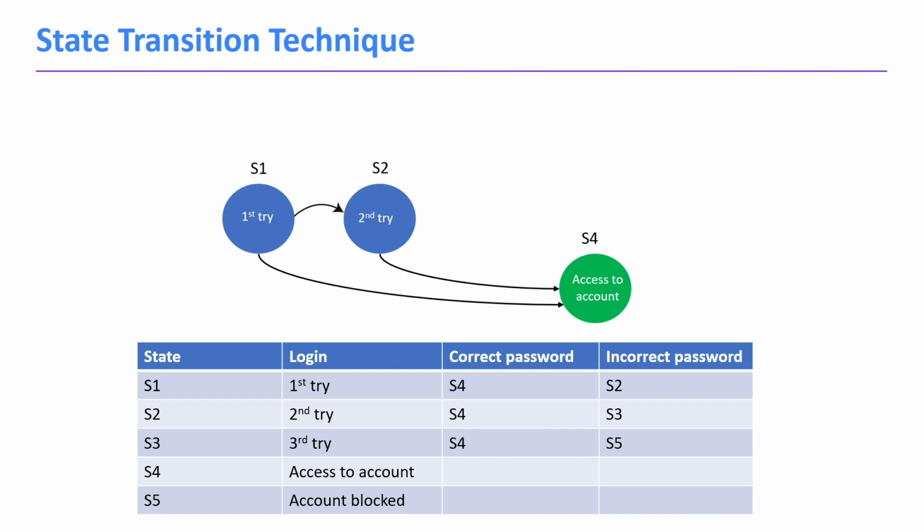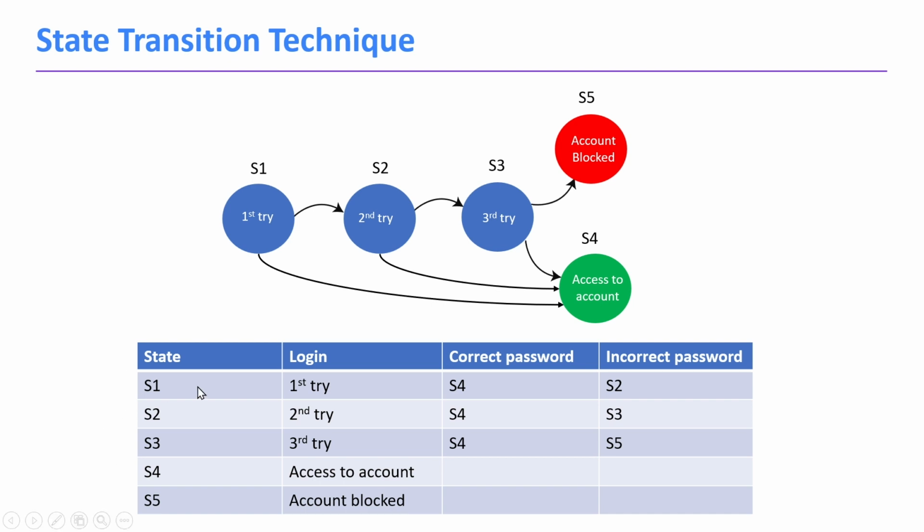In the second try as well, if he enters an invalid password, then he will get the third attempt, which is state 3. If in the third try he enters the valid password, he will get access to the account, which goes to state 4. If in the third attempt he enters an invalid password, then that account will be blocked, which is state 5.